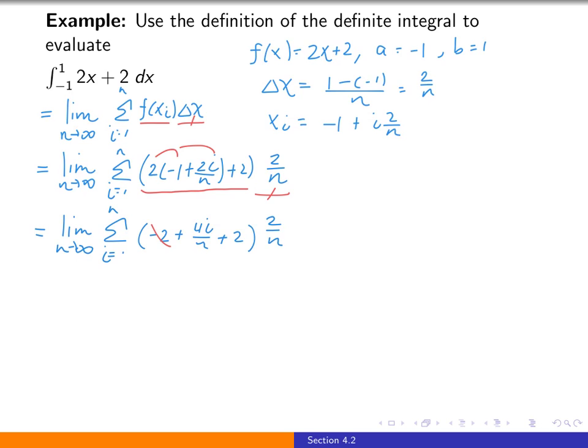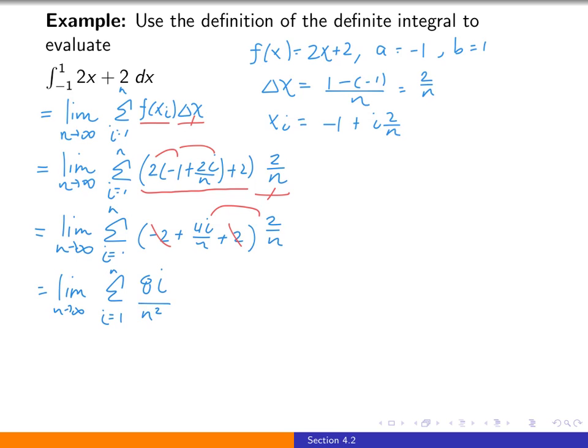The minus 2 and the plus 2 go away, and we just need to take that resulting 2 over n and multiply it by the 4i over n. So this gives us the limit as n approaches infinity of the sum from i equals 1 to n of 8i over n squared.